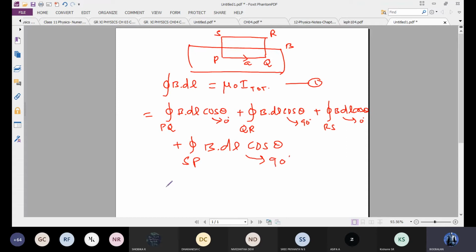Now the magnetic field value is 0 outside the solenoid. The magnetic field is 0 outside the solenoid for this condition. So for 90 degree, the two also cancel. For this one too, the B value is 0, so it is also cancelled. You will get only the first condition, PQ, applicable.